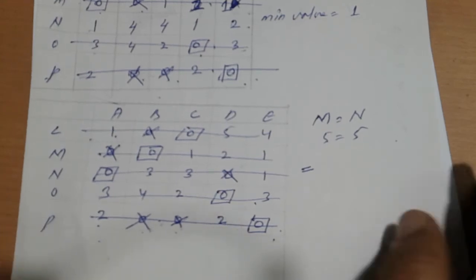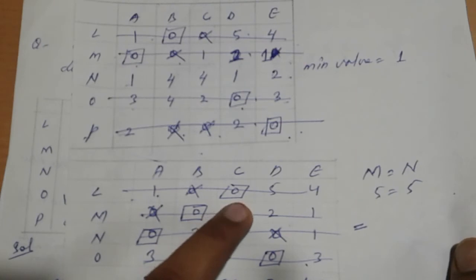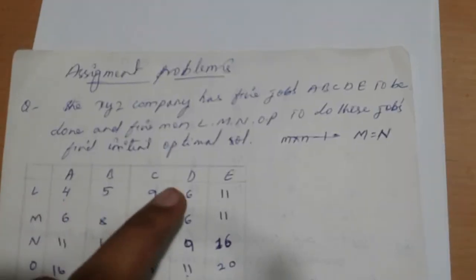So take the answer. Where is the original table? Here is the original table. So from there we have to take the answers. So we are getting L in C. What is L in C? It is 9.